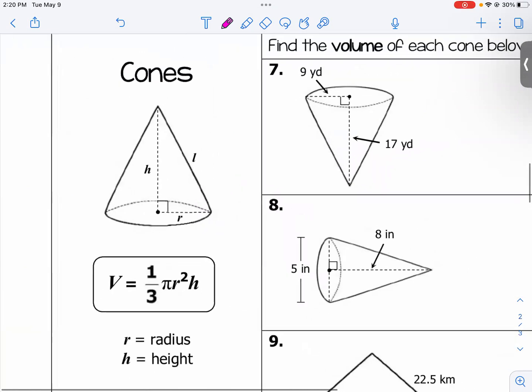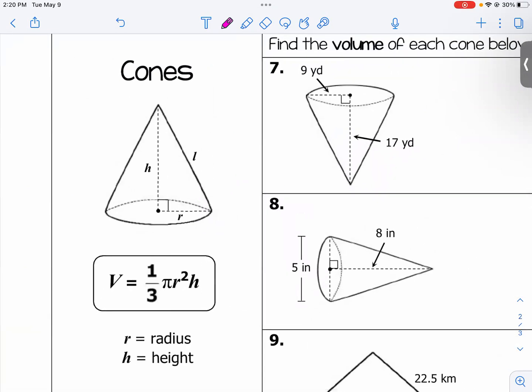Cones. Hey, we find the volume of a cylinder, pi r squared h. So a cone, 1/3 pi r squared h. Right? Just like the pyramid. Hey, do you remember the video that we just watched where he poured the rice into the pyramids?